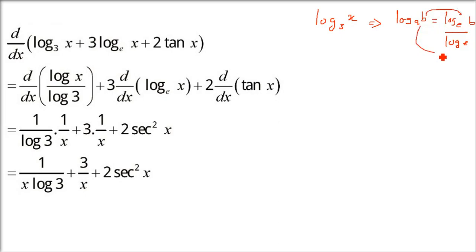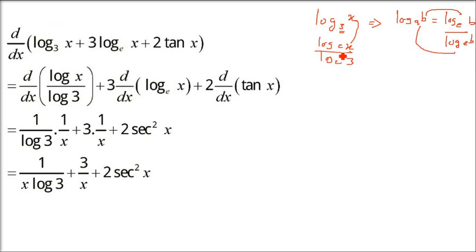We are trying to make the base e, which is not here. So in order to make this base e, we'll write log e, x will be above and 3 will be below. So this is simply log x by log 3.